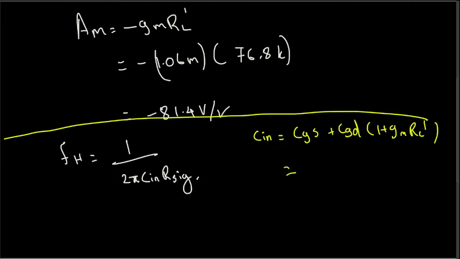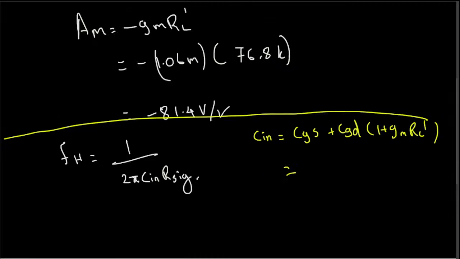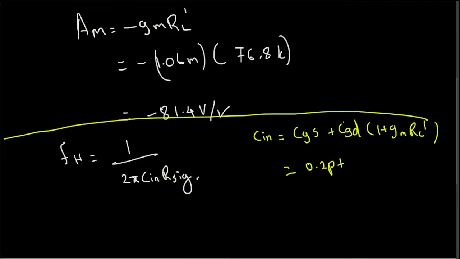CGS is provided in the question, which is 0.2 picofarad, and CGD is provided to us as well, 0.015 pico, and then 1 plus GM RL prime. Here we have negative GM RL prime, but here we have to put the positive value of it, that's 81.4.